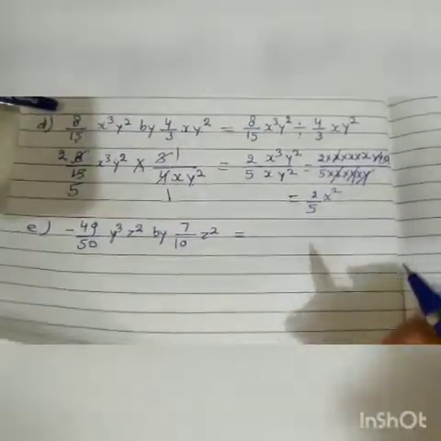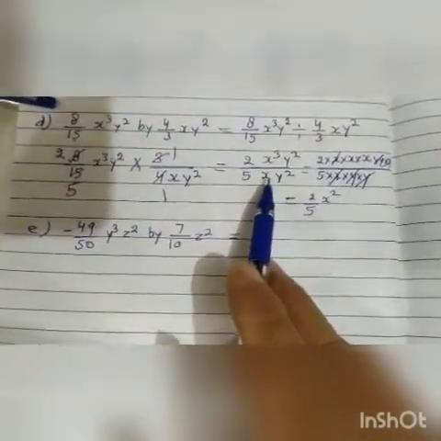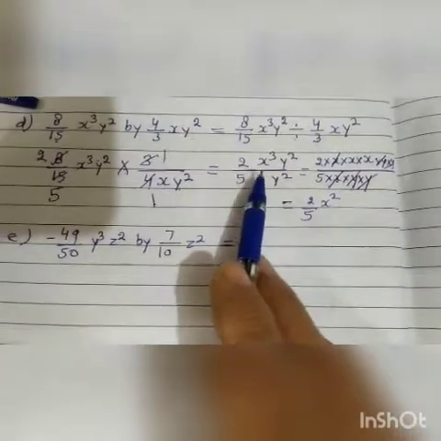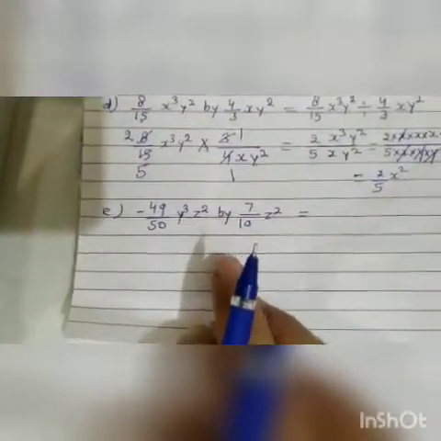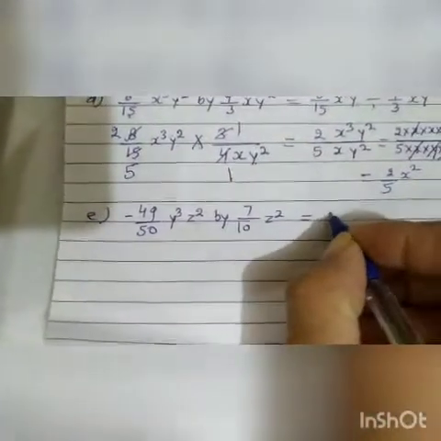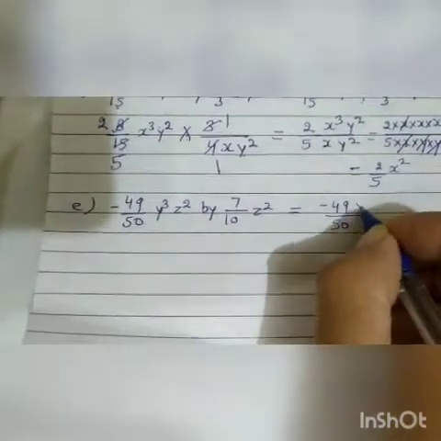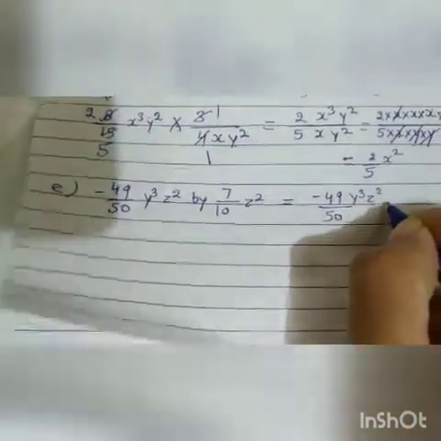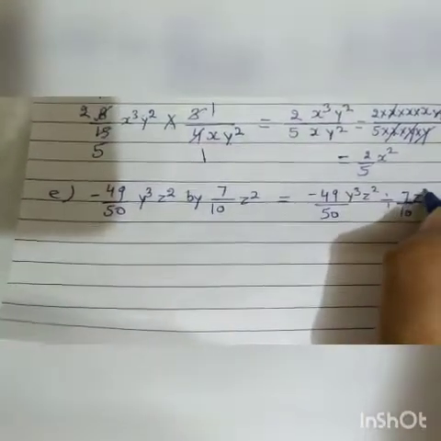And there is another way also, students. In the other way we subtract the powers of literal factors. How? See here, I will explain the other way in this part. Here again we first write it: we have to divide minus 49 upon 50 y cube z square by 7 upon 10 z square.